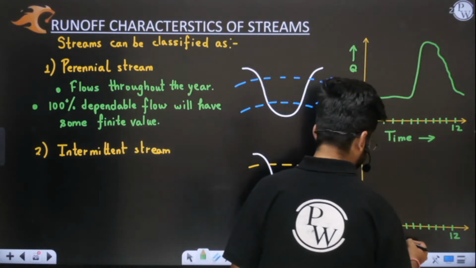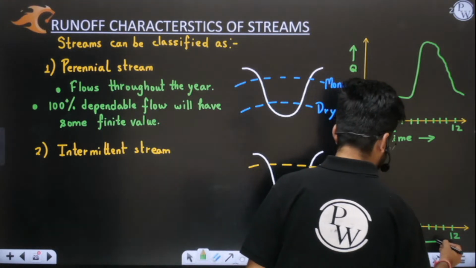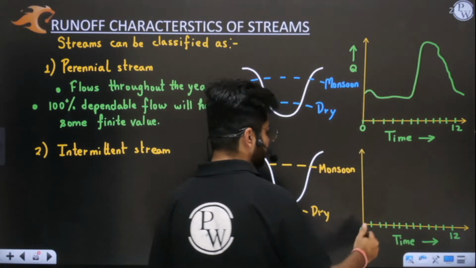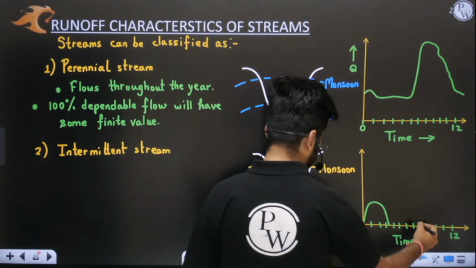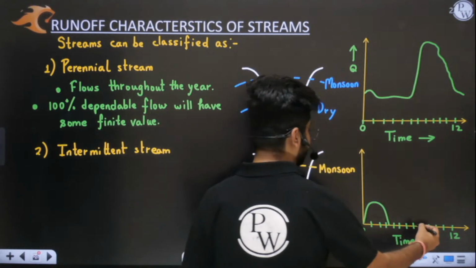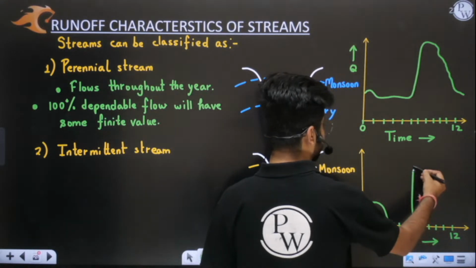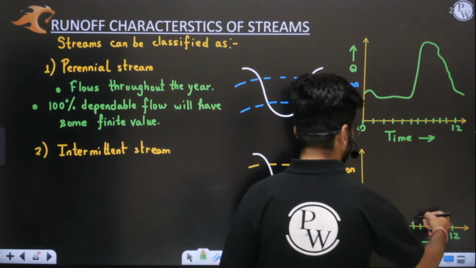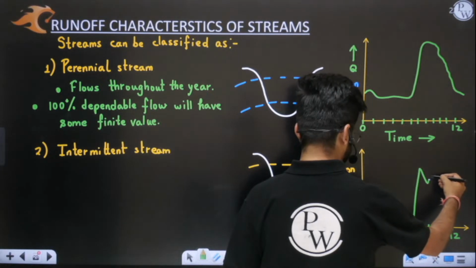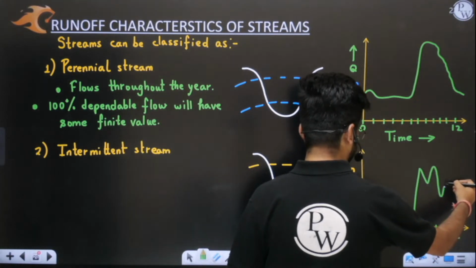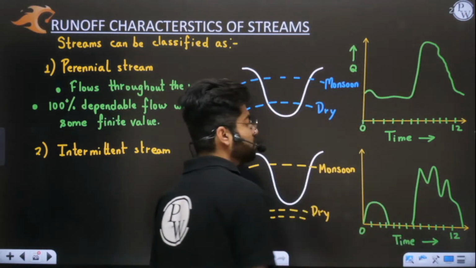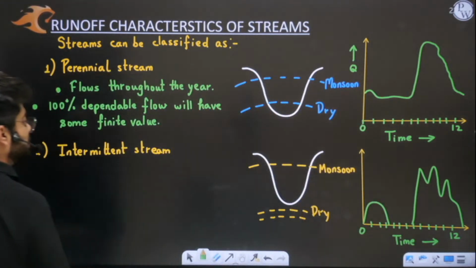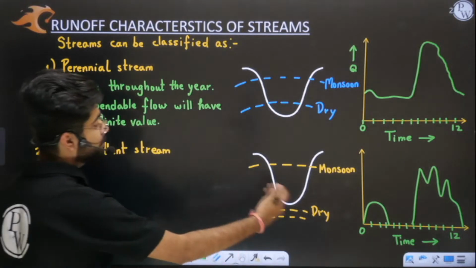You will see that discharge will be there for some time, then no discharge, and immediately when rainfall is there, the graph goes up like this. Like this I will see some peaks. Yes or no? So my graph is giving certain peaks when monsoon season is there.